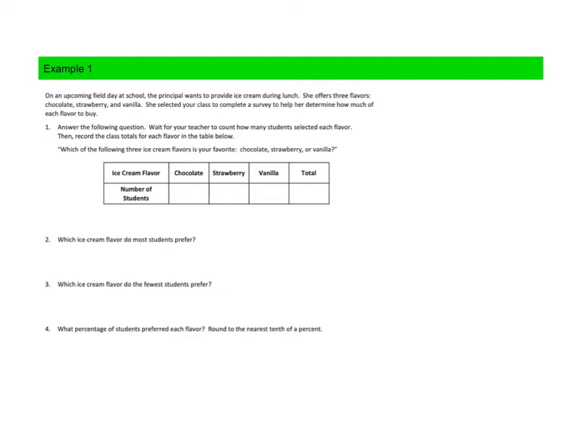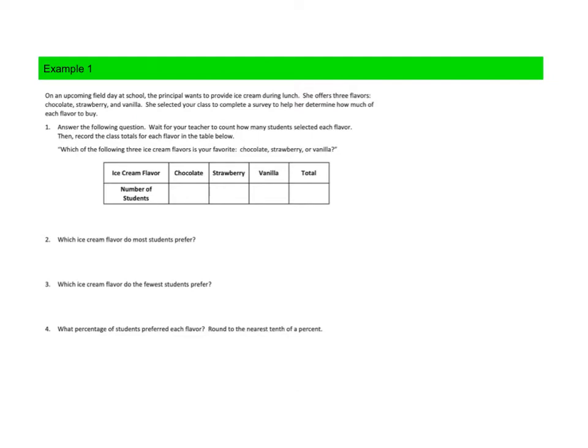Number 1 says, answer the following question and wait for your teacher to count how many students selected each flavor. Then record the class totals for each flavor in the table below. Which of the following 3 ice cream flavors is your favorite, chocolate, strawberry, or vanilla? In this lesson, if we were in person together, we would do this actually together and find these numbers. But because we are not, we're just going to write some random numbers in here.